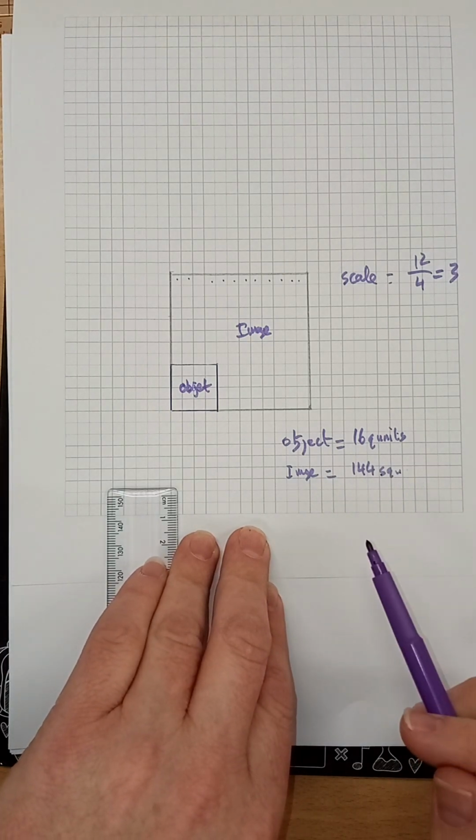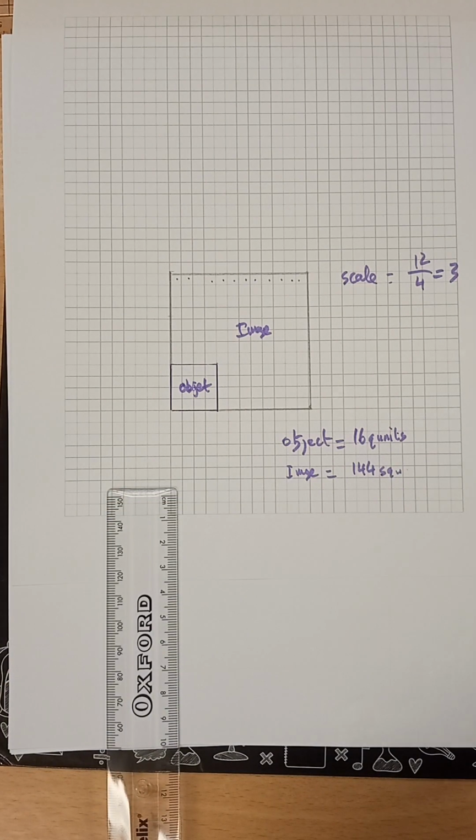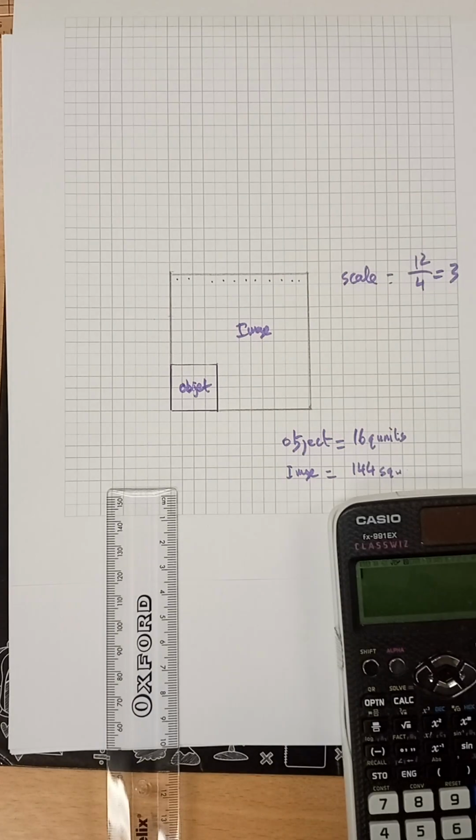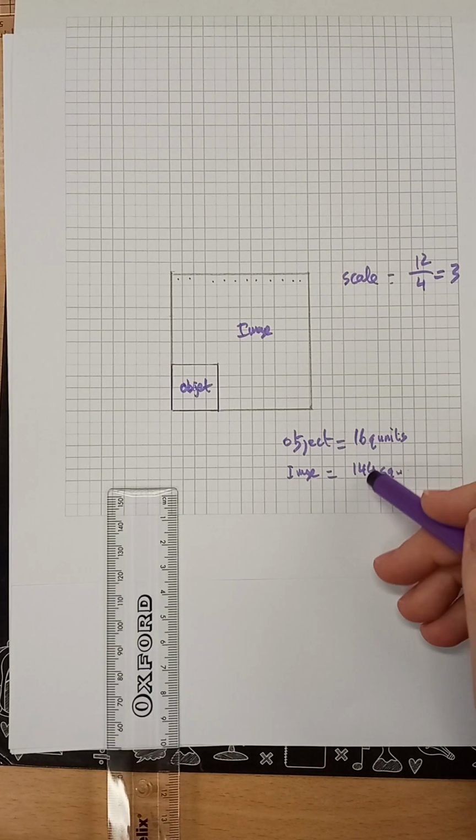Now the real question is, I got a calculator for this. Bear with me. Right, so 16 is a factor of 144.